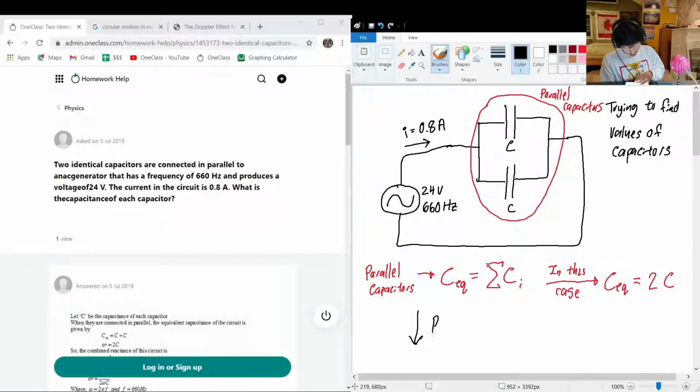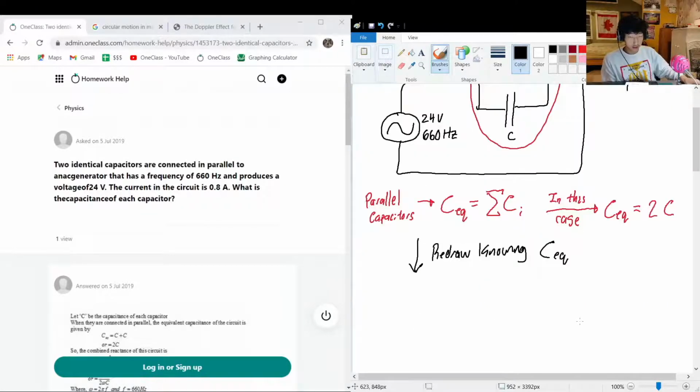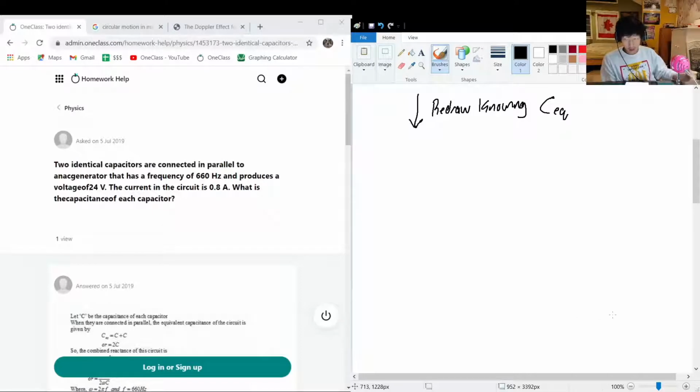So let's redraw the circuit, knowing CEQ. This should be nice and straightforward. Our voltage source is going to be the same, as well as our current. So we're going to have our AC voltage source, 24 volts at 660 Hertz.